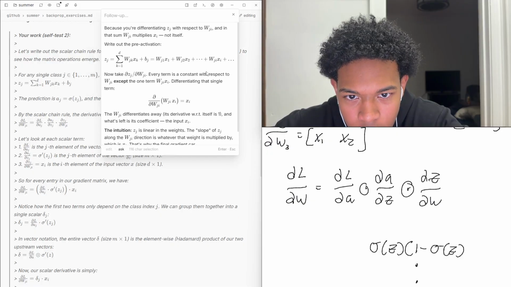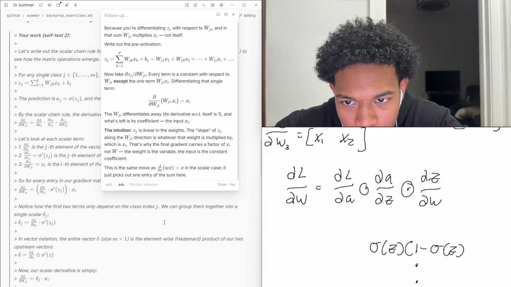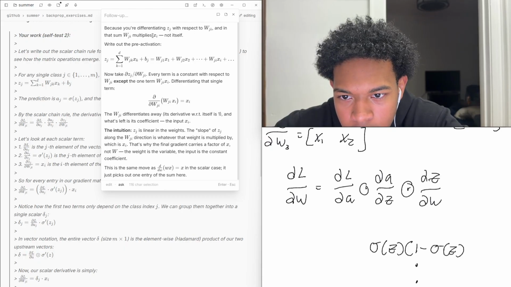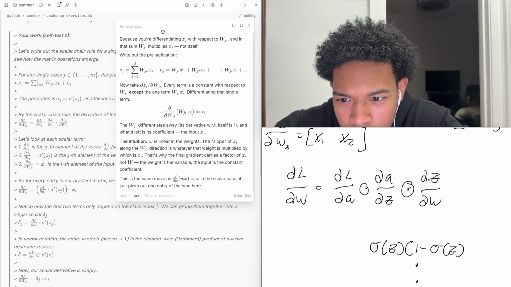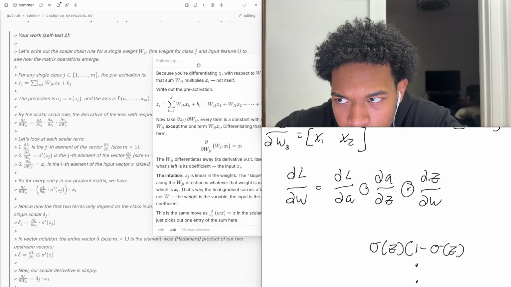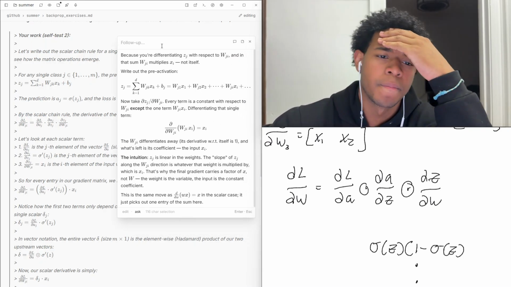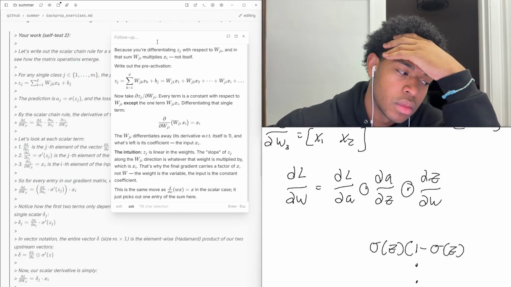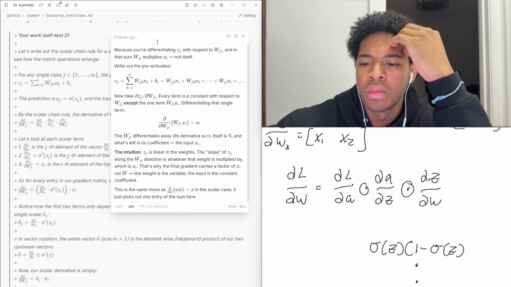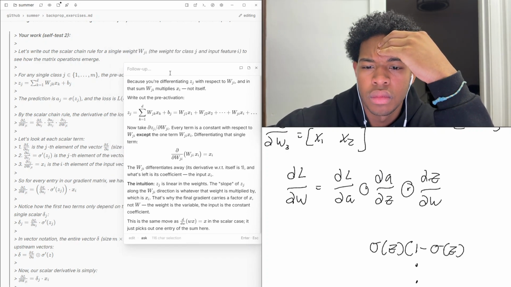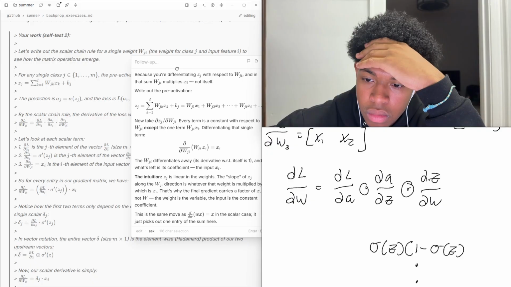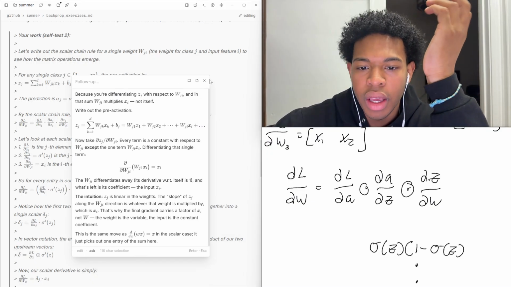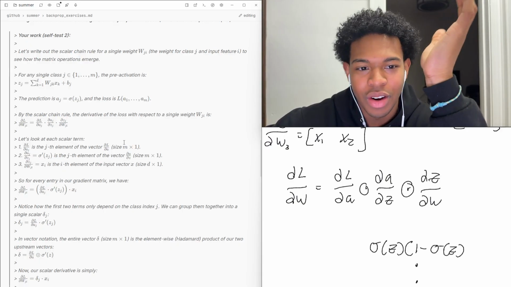Again, vault chat for the win. Because you're differentiating z with respect to w_i in that sum, it equals x_i.